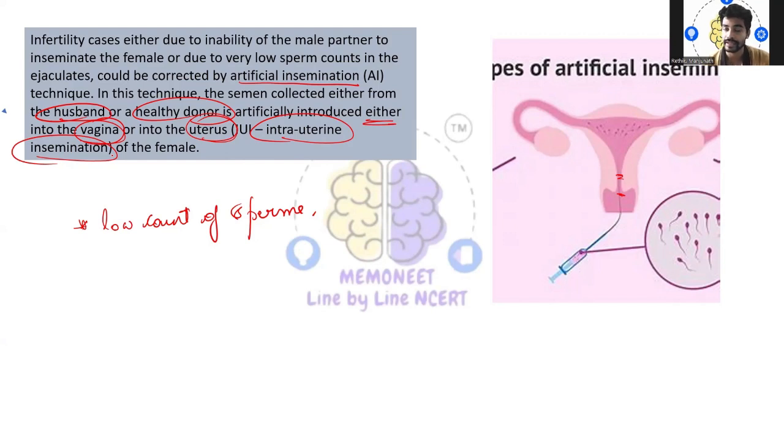When introduced into the uterus, it is called intrauterine insemination of the female. I hope this is clear to you.